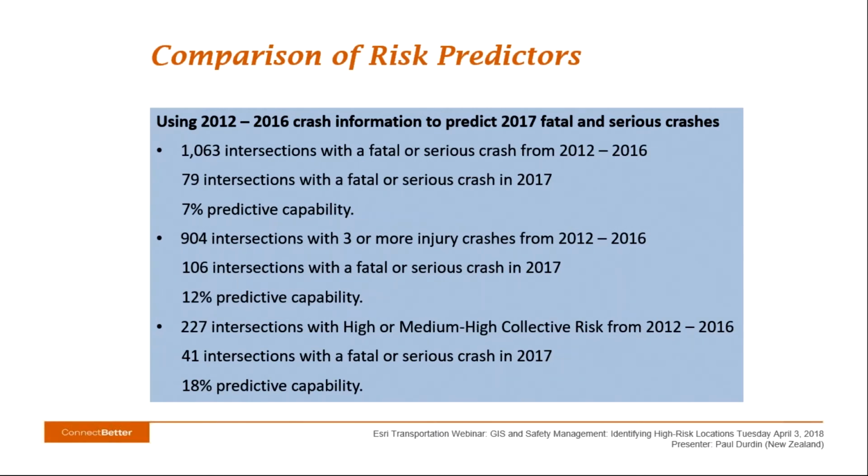These numbers are very similar to the last time these numbers were run in 2014. So this really demonstrates that the DSI approach is a significantly better predictor of where fatal and serious crashes occur than traditional methods that focus on raw crash numbers alone, or where fatal and serious crashes have happened in the past.